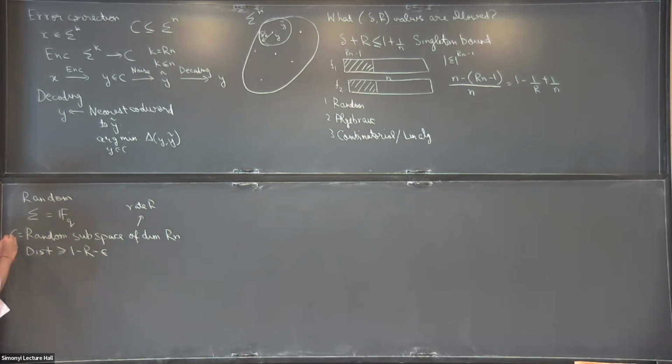So the right way to quantify this is that for all epsilon, there exists a q such that a random subspace of dimension Rn will have distance more than 1 minus R minus epsilon with high probability. There's also some quantification over n being large enough. So the high probability will involve n, but for large enough n, yes.